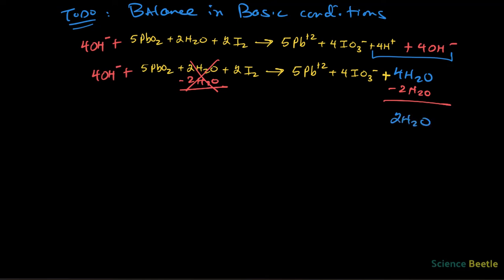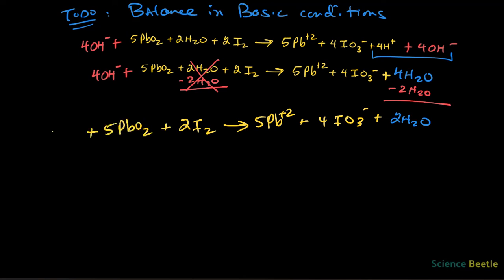So let's add all those items back into the mix. Let's go from the right side here. It's a lot easier for me, but you obviously want to write this all the way out. This is going to be produced from 2 I2s, and then we're going to have 5 PbO2s, and then at the very end we're going to have the 4 hydroxides as well.